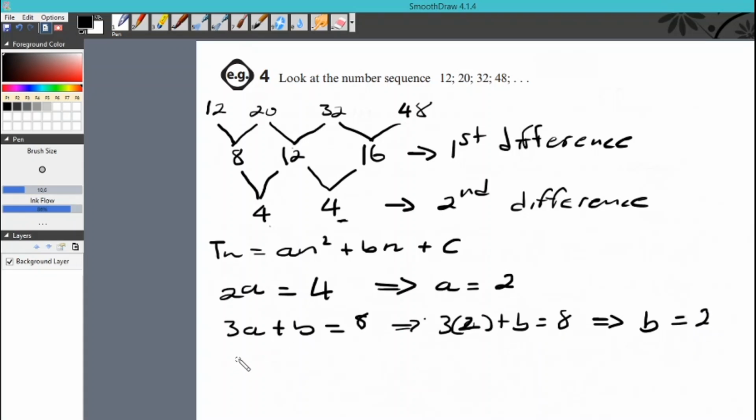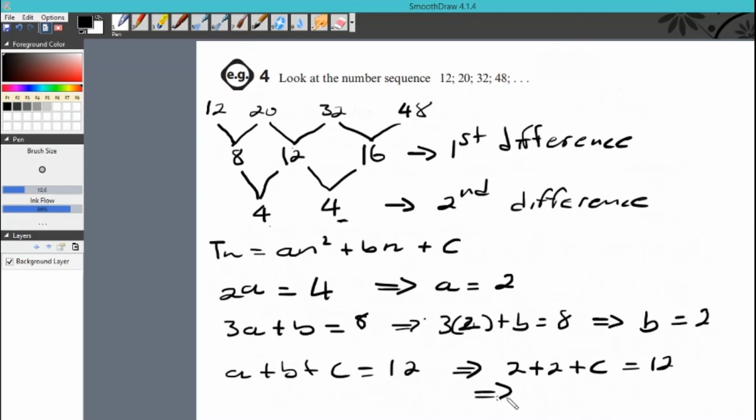And then we have a plus b plus c. This is the first term of any quadratic sequence, so it's going to be 12. So this is equal to 12. We must substitute the values of a and b, and we can solve for c. A is 2, B is 2, and now we can solve for c.